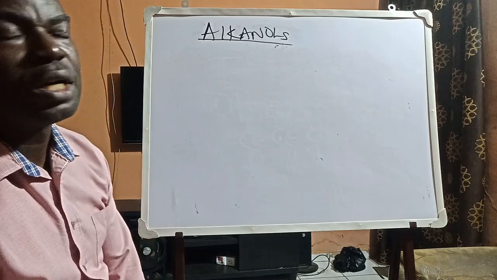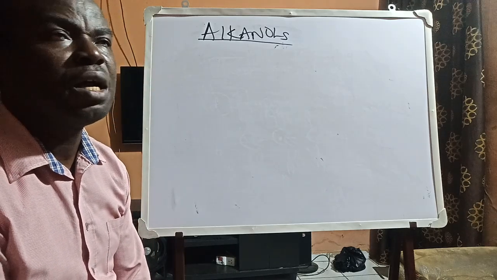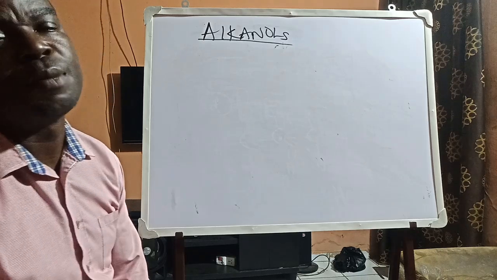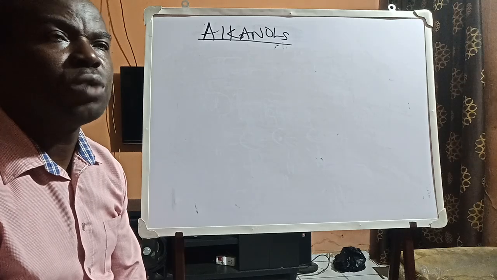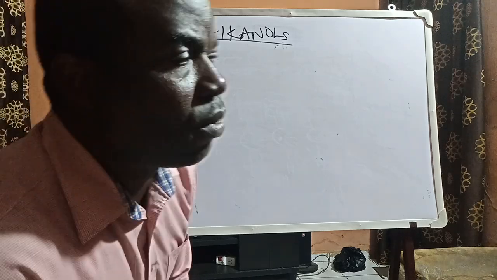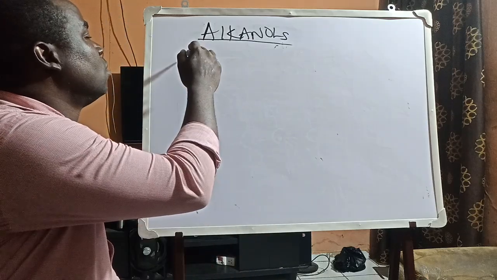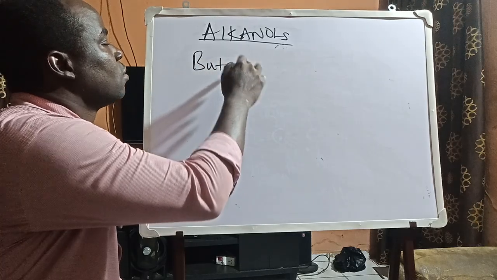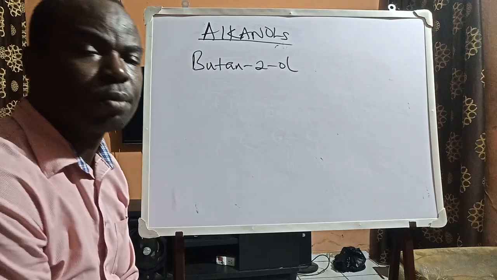All right, so now let's continue from where we stopped at in the last video. I want us to further look at these examples, and then see where we can take it up to. Now, let us look at this structure. Butan-2-ol.